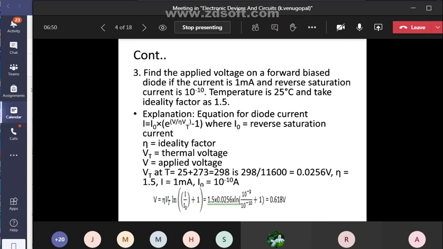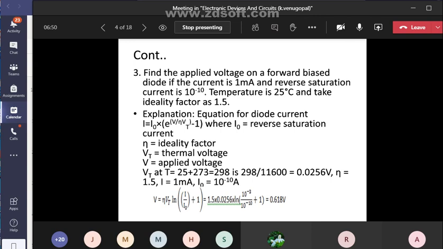So then V equal to eta Vt ln of I by I naught plus 1. Substitute, eta is 1.5 and Vt is 26 millivolts, and ln of 10 power minus 3 by, so 1 milliampere, so it is 10 power minus 3 by 10 power minus 10 plus 1. So that becomes V equal to 0.61 volts.